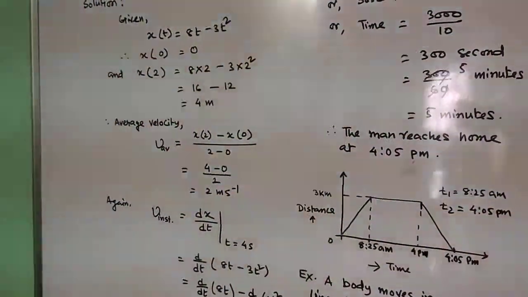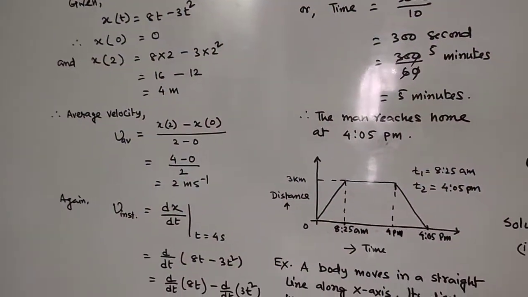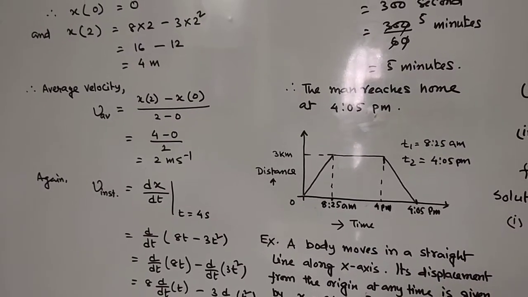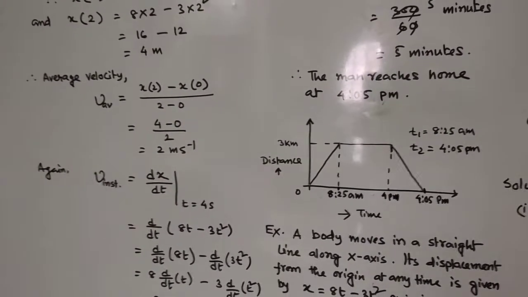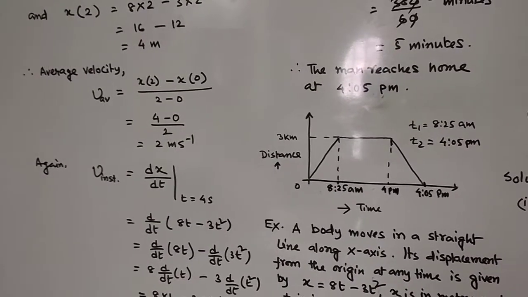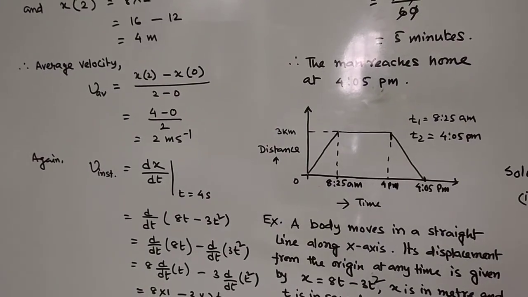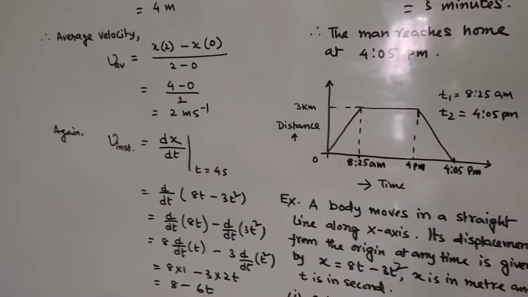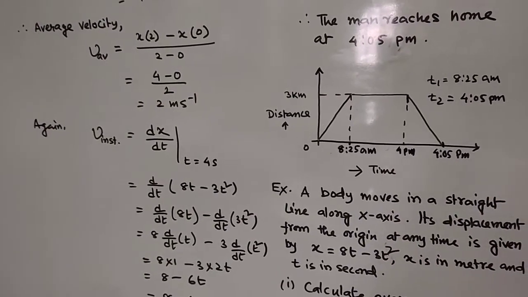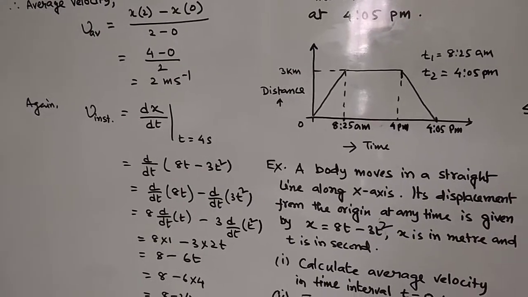So we take d/dt of 8t minus 3t square. You distribute d/dt: d/dt of 8t minus d/dt of 3t square. The constant 8 we take outside d/dt, because whatever constant you have, you take it out, so 8 d/dt of t minus 3 d/dt of t square.